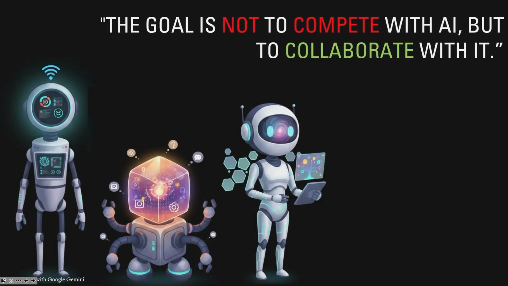Alrighty, so remember, at the end of the day, the goal is not to compete with AI, but to collaborate with it. Use it as an assistant. Use it as someone that's training you. Maybe you want to learn more about history and you don't have the time. Sitting down with AI for a few minutes every day can actually help you learn about history or learn some recipes. Maybe you want to start cooking and you don't want to buy a cookbook, or you don't know what to do with it.